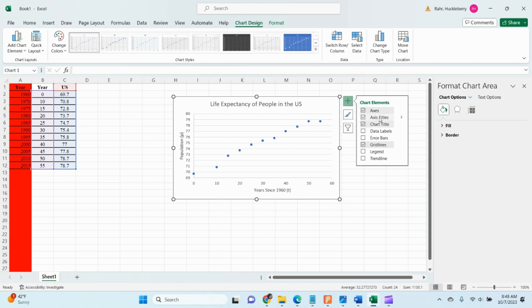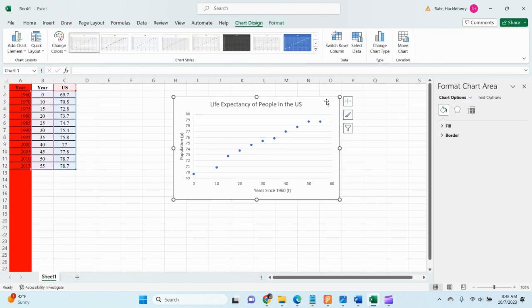Now, on my computer, I have this green arrow. I could have chosen this over here with my green plus sign. Not all computers have that. If you are working on an Apple, I do not have an Apple device, you will have up top an item that says chart. And then where I have this word chart styles, about an inch or two over, you'll have something that says axis labels, axis titles.